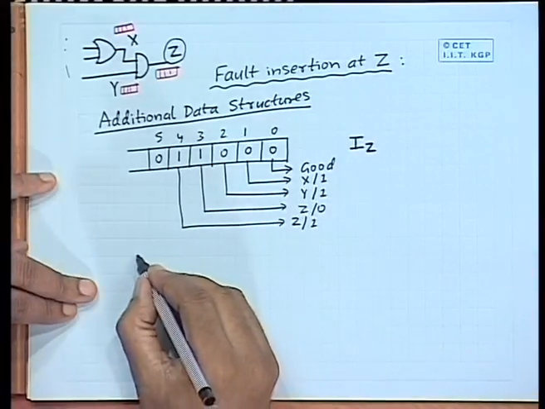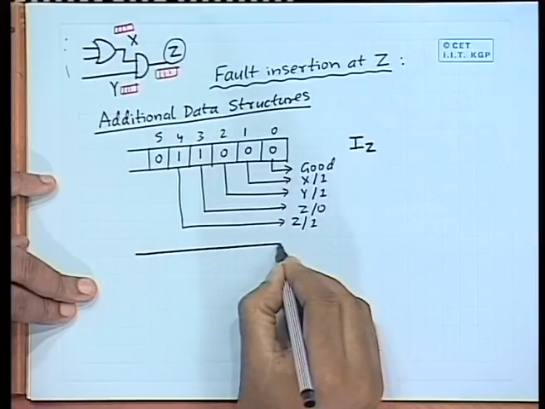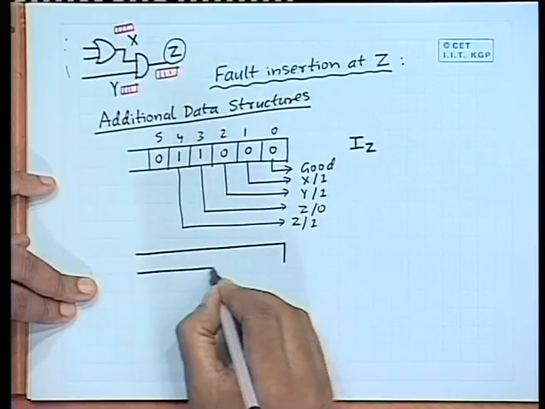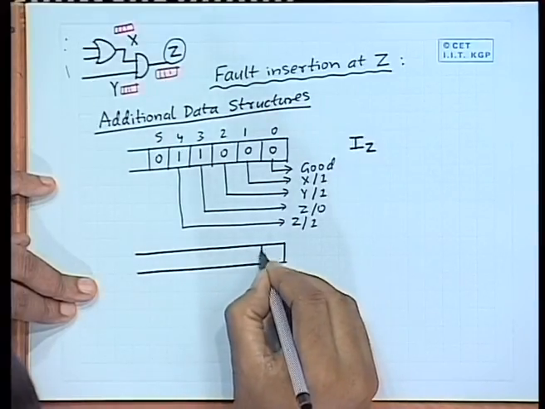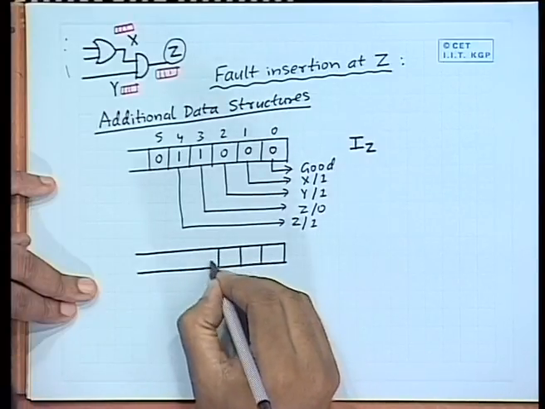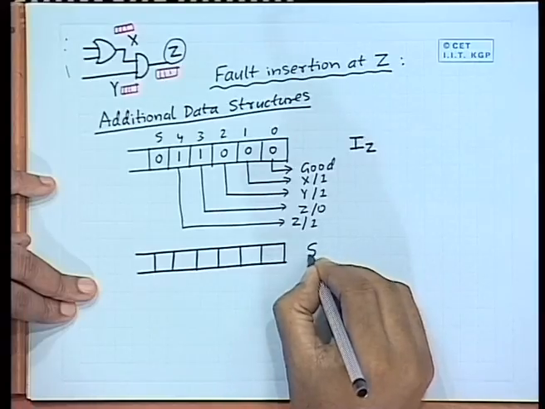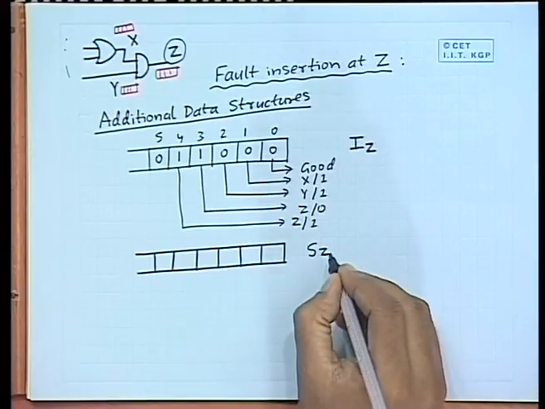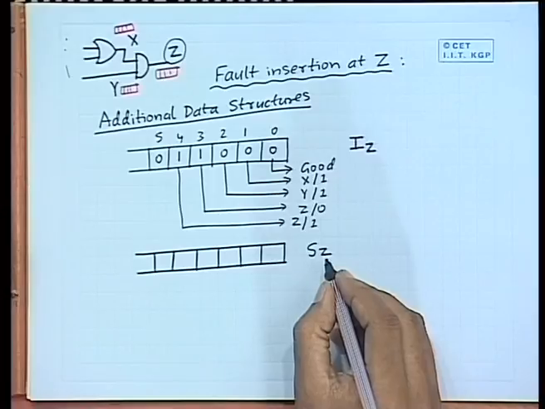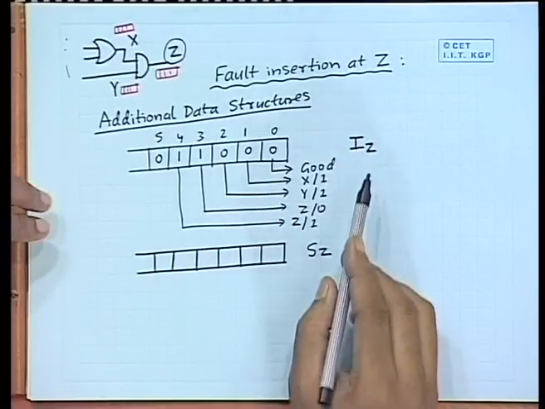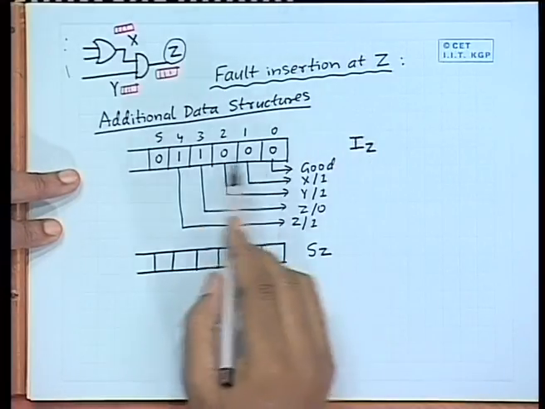There are some other data structures also I am showing you. There is another data structure called SZ, which will tell you what this IZ is.